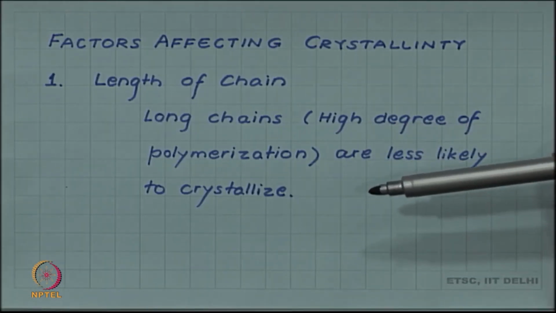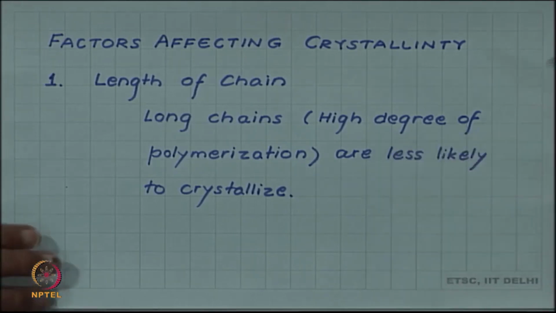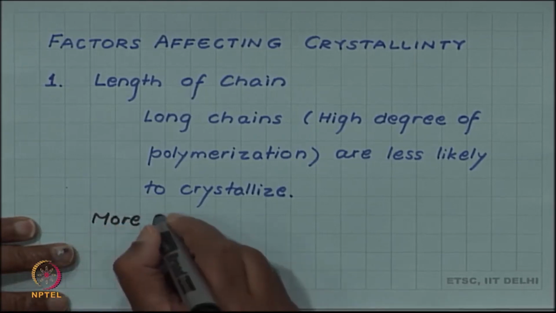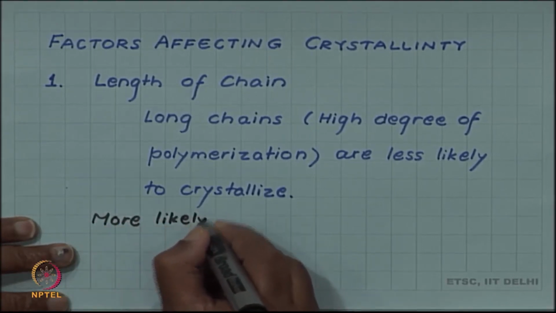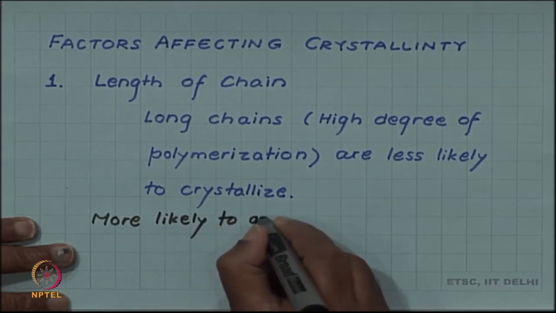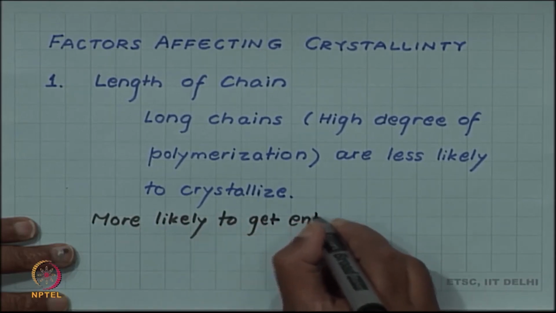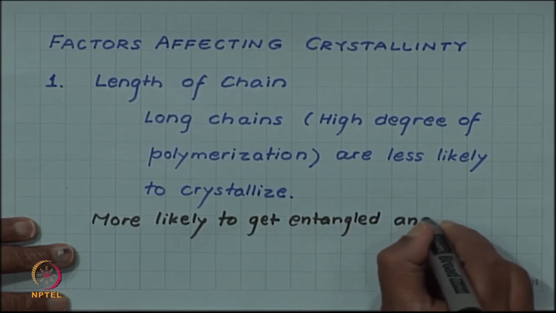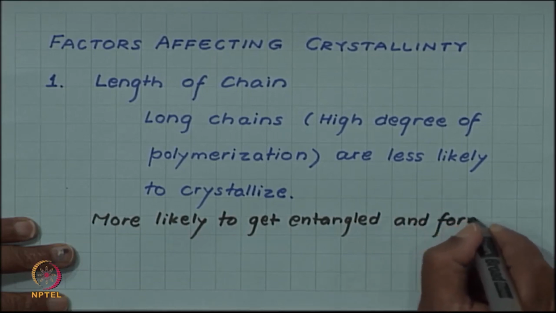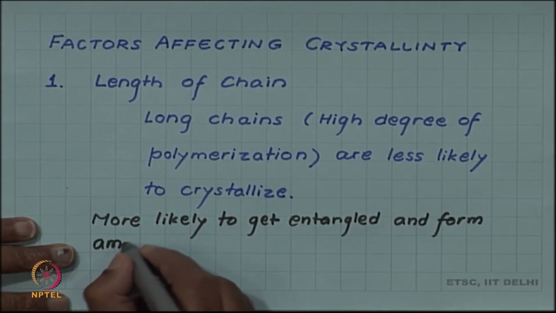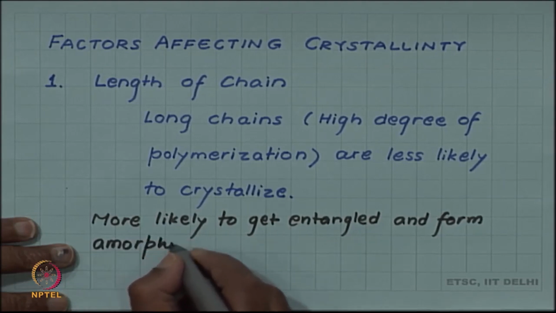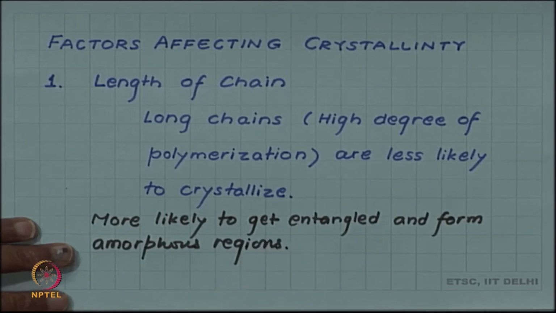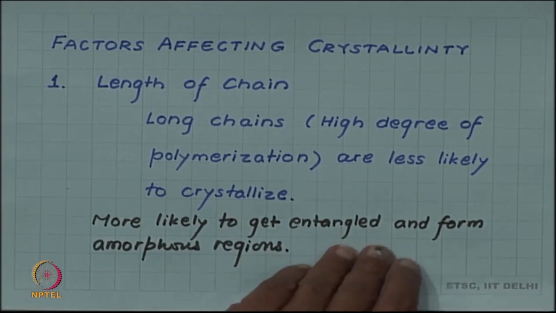This is simply because long chains are more likely to get entangled and form amorphous regions. So, longer chains are less likely to crystallize.